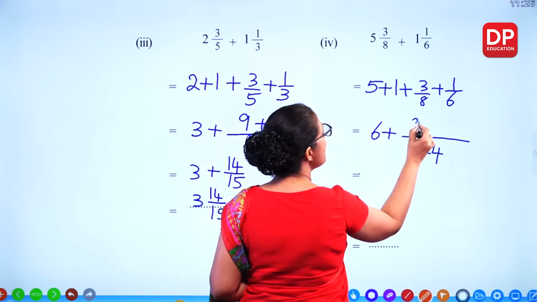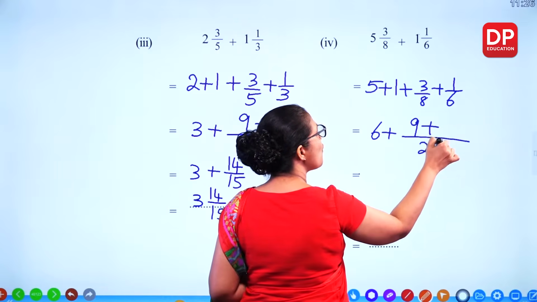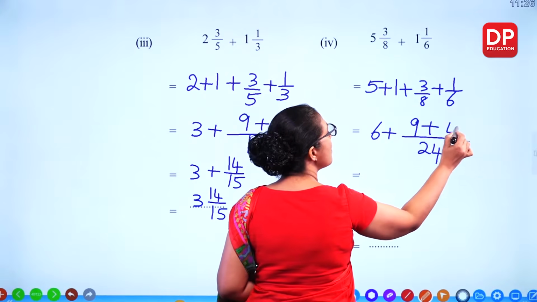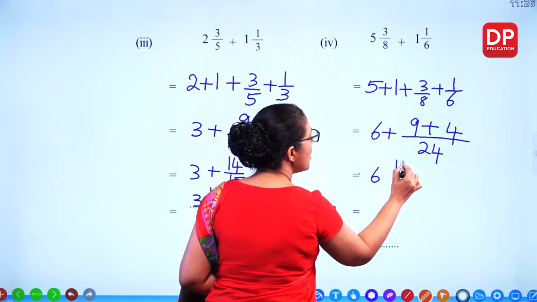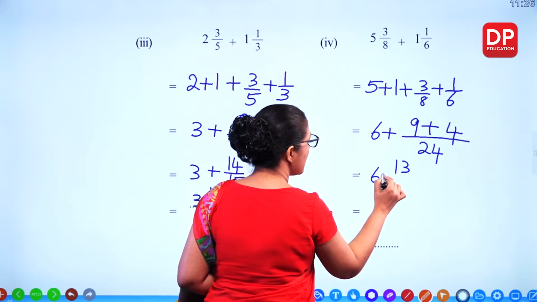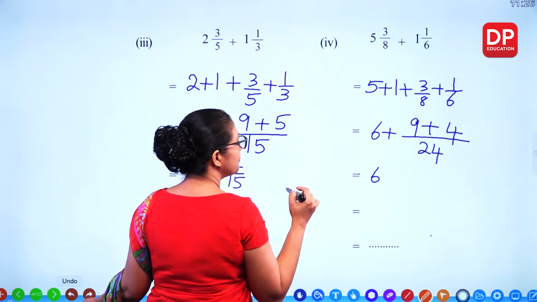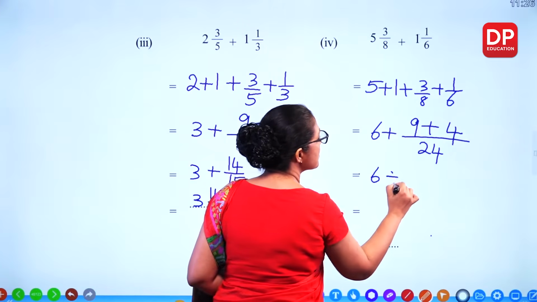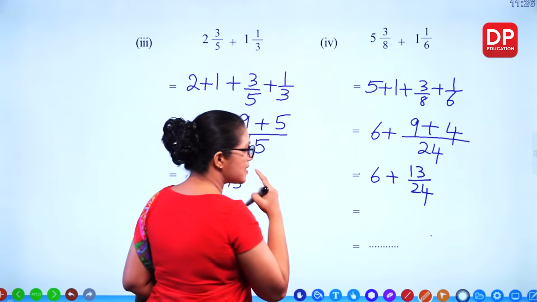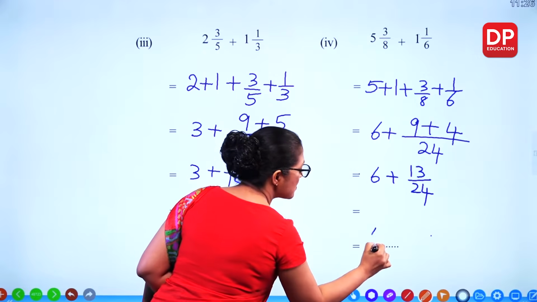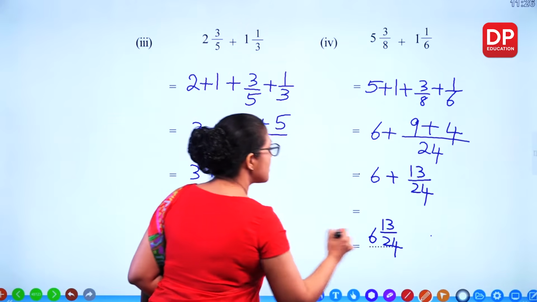So 3 times 3, 9. This one, 6 times 4. 4 times 1, 4. So 6 with 9 plus 4, 13. I can write 6 plus 13 over 24. And what's the answer? 6 is there. 13 over 24 as a mixed number.